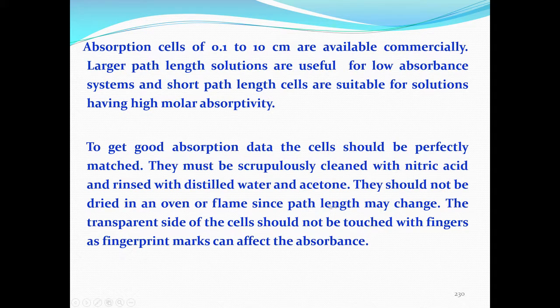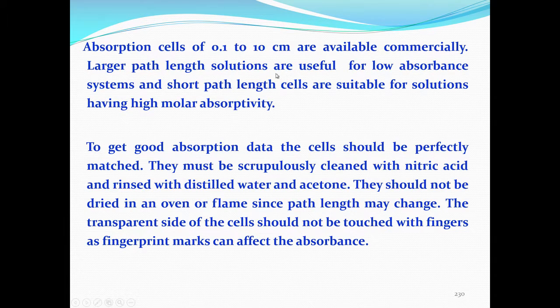Depending upon the color you can choose the cells, and the sample holder is designed to take all these cells in the sample compartment by slight adjustment of the path length.